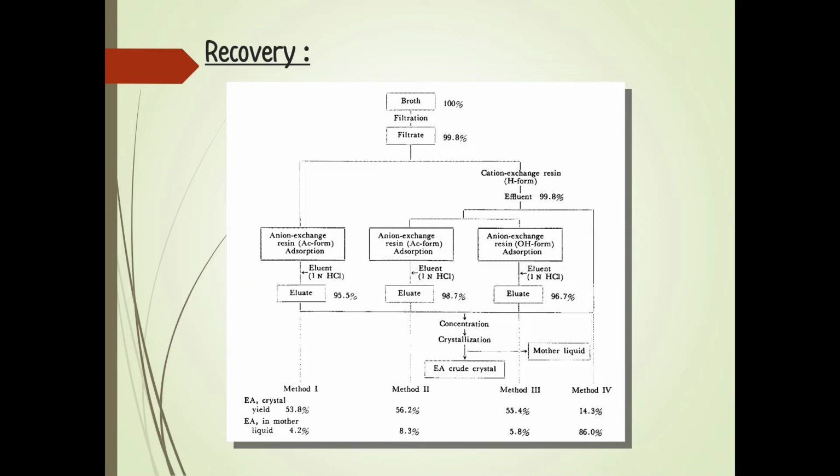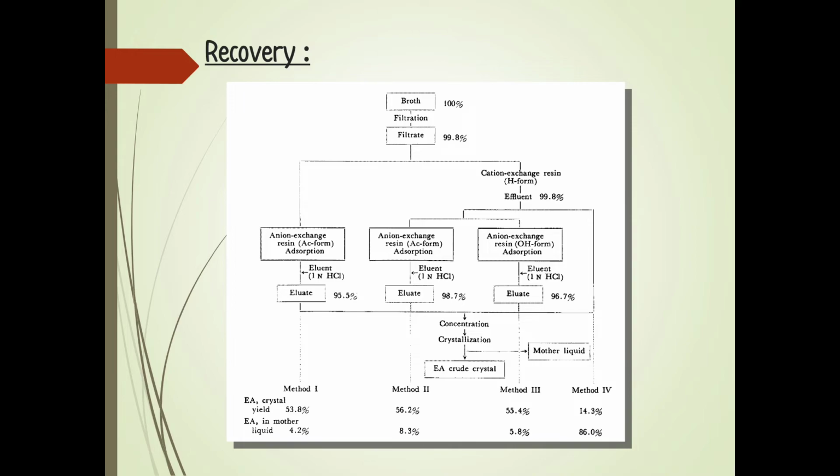Our eluent has the erythorbic acid present in it, so it is passed through the stationary phase. Whatever is our product of interest will get attached to the stationary phase, and the other products will come out, so that slowly we can take out our eluent, which is our product, so that it can be concentrated and crystallized, and we will get the mother liquid as well as the crude crystal.